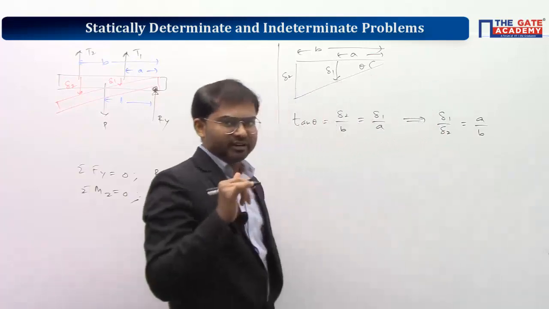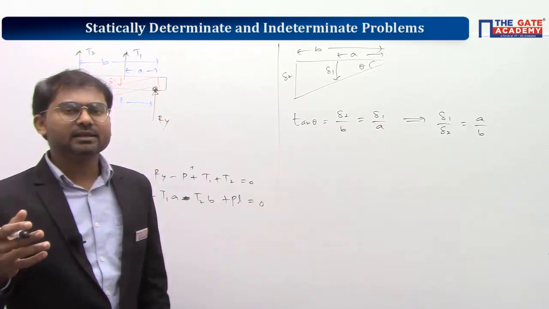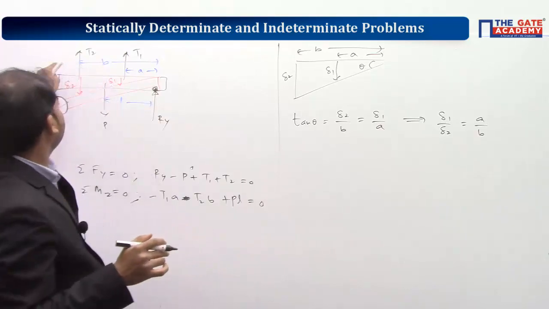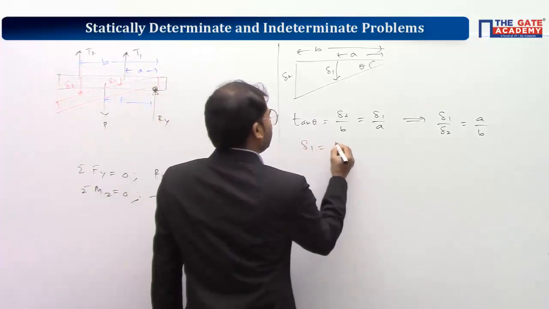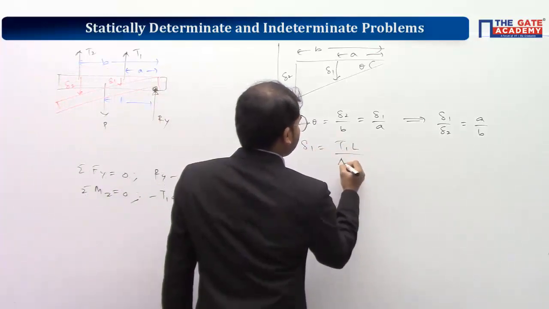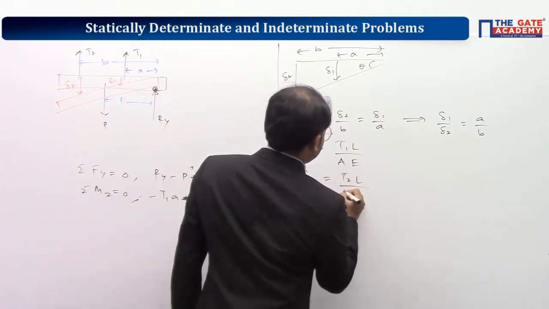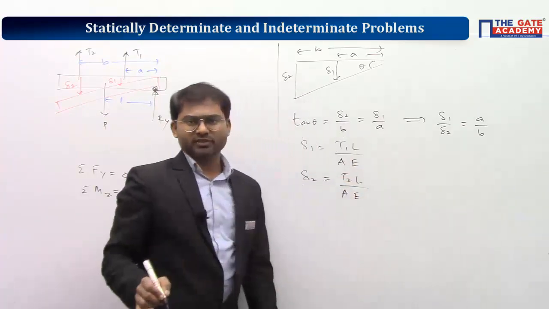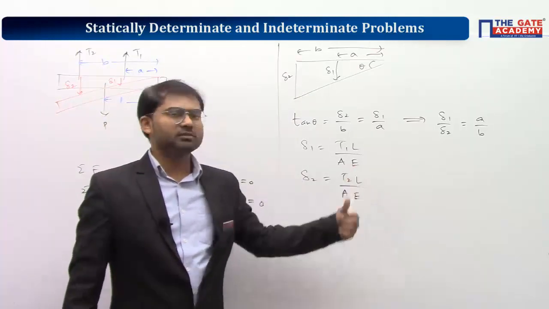Now you should get delta 1, delta 2 in terms of T1, T2. Delta 1, delta 2 are nothing but tensile elongations due to application of T1, T2 respectively on those respective strings. Delta 1 can be written as T1 into length of the string by area into Young's modulus of the string. Delta 2 is equal to T2 into L by area into Young's modulus of the string. Because they said both are identical steel wires, area, Young's modulus, length should be same.